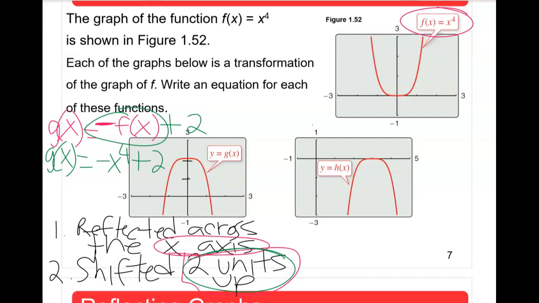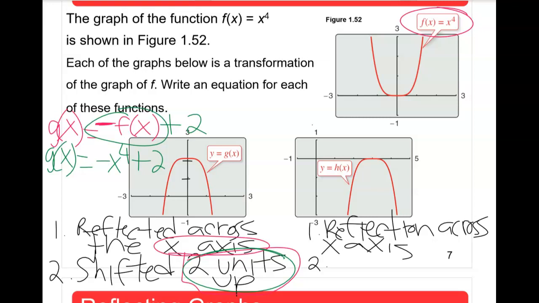Okay, for the next one, we also see a reflection across the x-axis again. And then second, we also see that it was shifted, and we will say 1, 2, 3 units to the right.